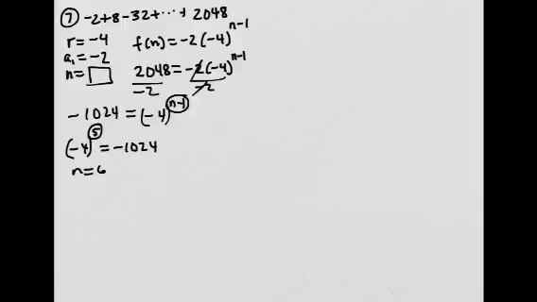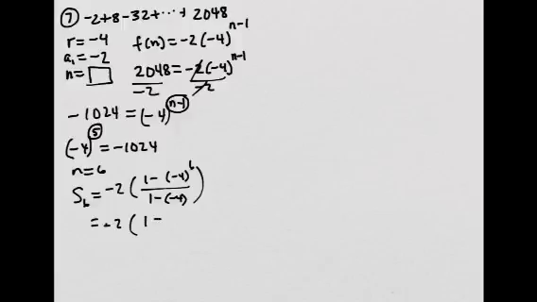Now I'm going to do the sum of 6 equals the first number times 1 minus negative 4 to the 6th, over 1 minus negative 4. So that's going to give me negative 2 times, and I'll do that on the calculator right now. The denominator, 1 minus the negative 4, is actually 5.